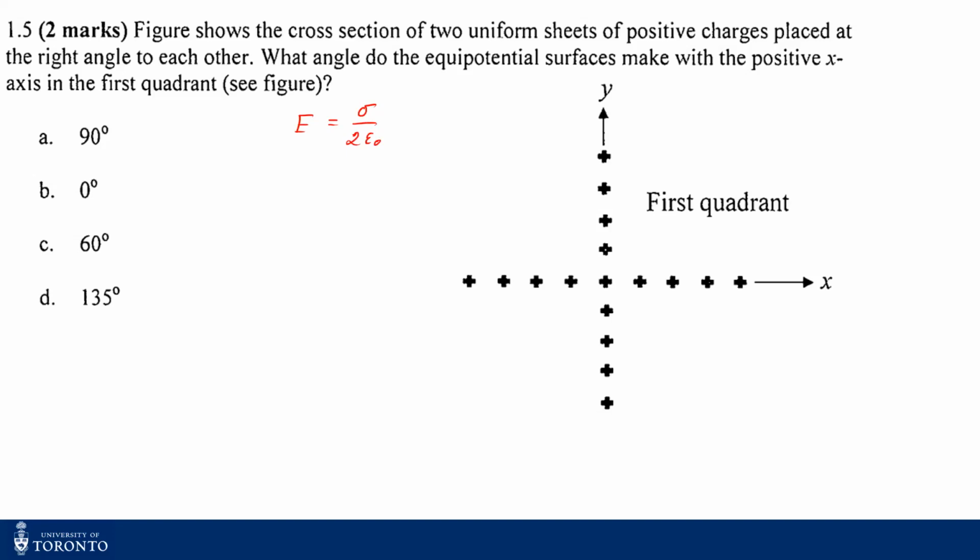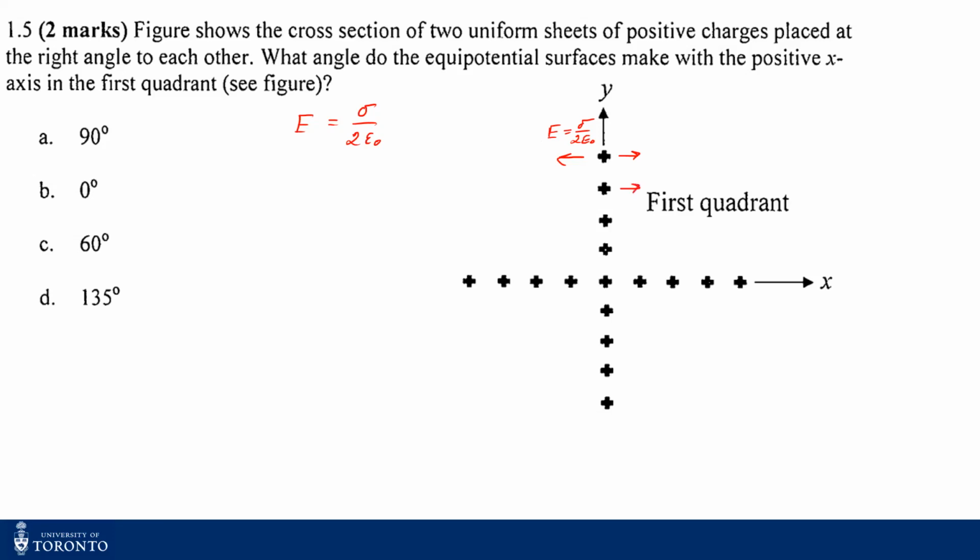So for example, if I'm considering the y-axis sheet of charge, the electric field will be going in both directions, right? In each direction it will be sigma by 2 epsilon naught, for both the left and the right hand direction. Now you see my electric field, because of the y-axis sheet, is in the right hand direction.